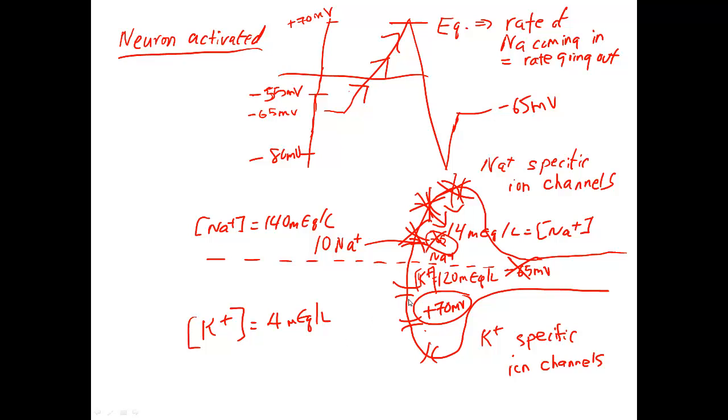And if we open these potassium-specific ion channels, what's going to happen? We're just going to get a flood of potassium ions going out. And that's going to happen until eventually the inside becomes negative enough, maybe around negative 80 millivolts, such that some of the ions want to come back in.